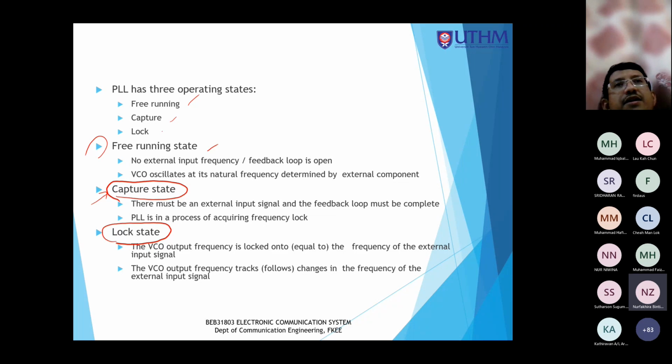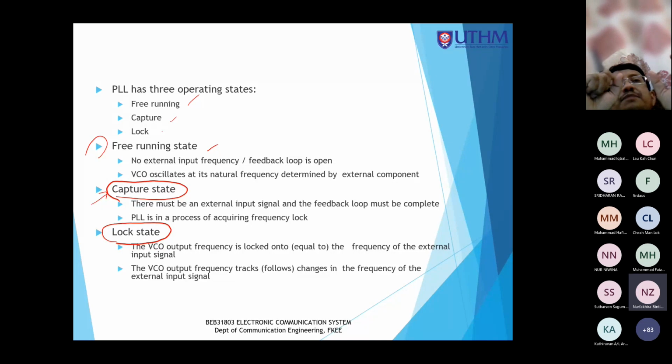So the PLL is in the process of acquiring the frequencies that we need. Okay, for example, I want to listen to radio station 104.5. So it will try to find that frequency. Okay, that is the capture state. It tries to capture that frequency.